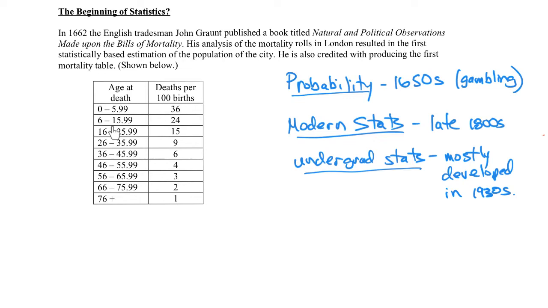To see what this means, this is pretty depressing. If you count up these numbers right here, you get to 60. So of 100 people who were born in this era, 60 of them died before the age of 16.